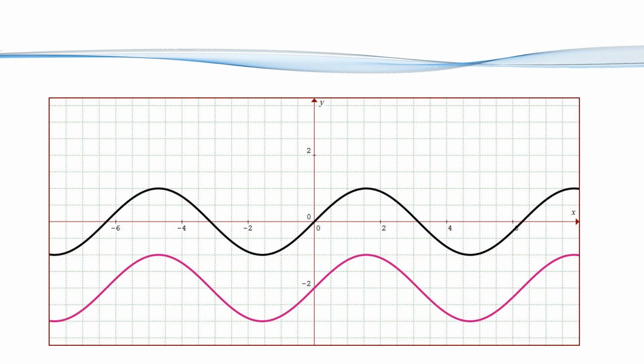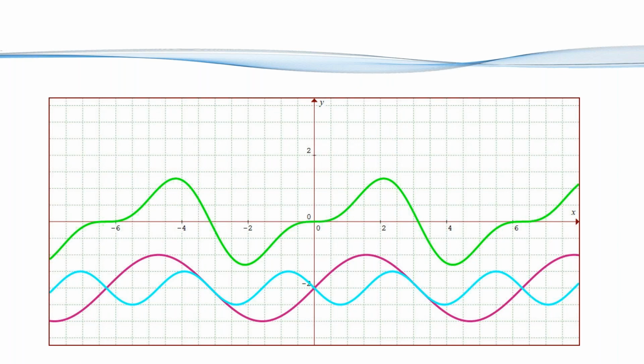Now to that violet line, I'm going to introduce the cyan line, which is a half amplitude but twice the frequency. You see here is one cycle of the cyan line, and here is the other. And so that's twice the frequency and half the amplitude.